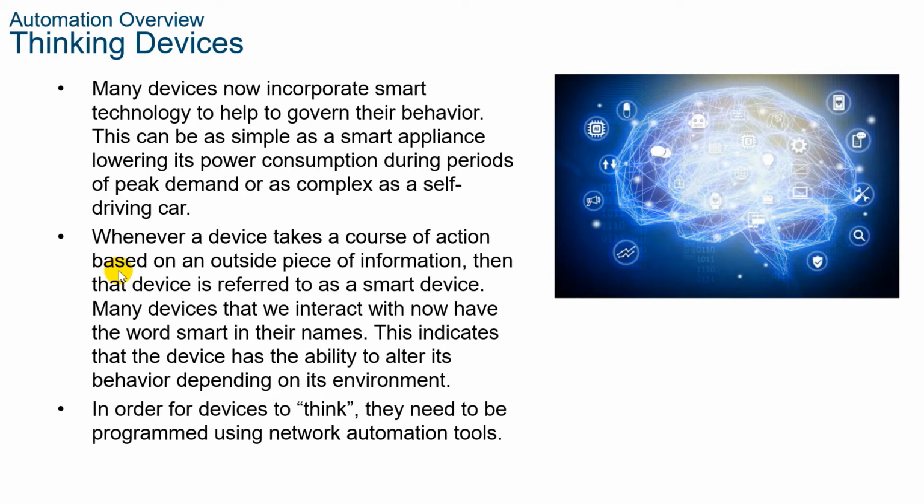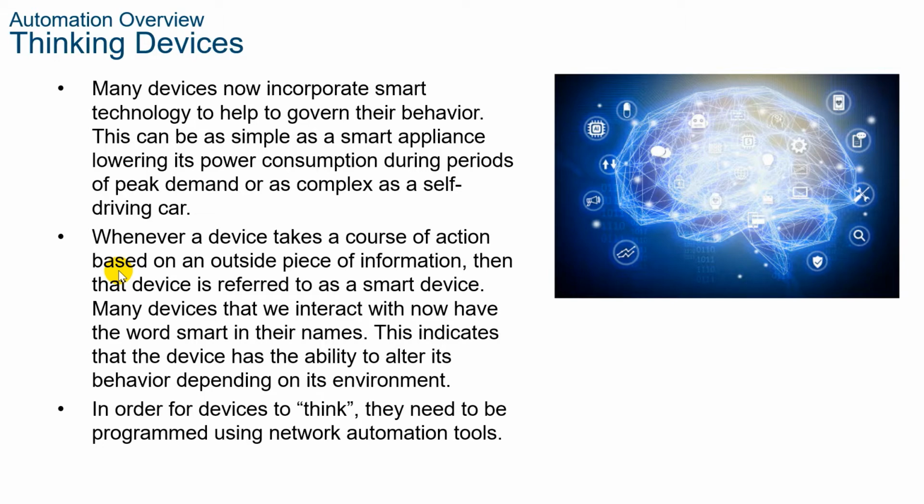Many devices now incorporate smart technology to help them govern their behavior. This can be as simple as a smart appliance lowering its power consumption during periods of peak demand, or as complex as a self-driving car. Whenever a device takes a course of action based on an outside piece of information, that device can be referred to as a smart device.